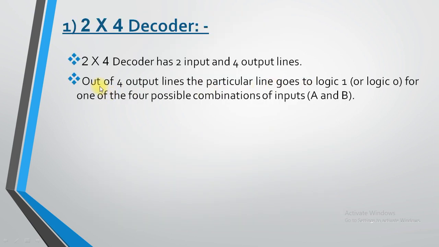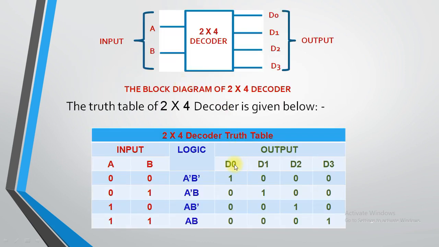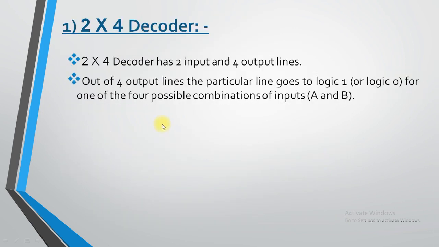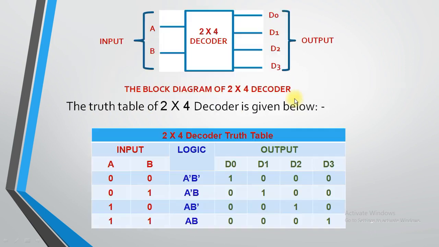See, out of 4 output lines, these are the 4 output lines, D0, D1, D2 and D3. So out of 4 output lines, one goes to logic 1 or logic 0 for one of the 4 possible combinations of input. So at a time only a single line is activated for a particular input.